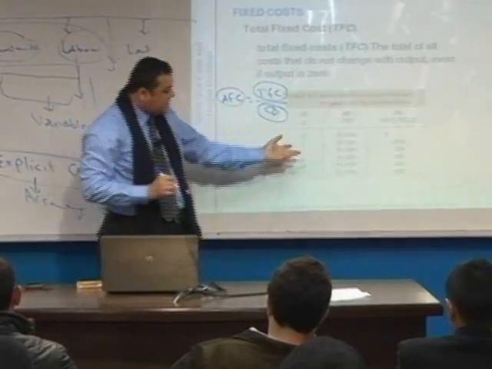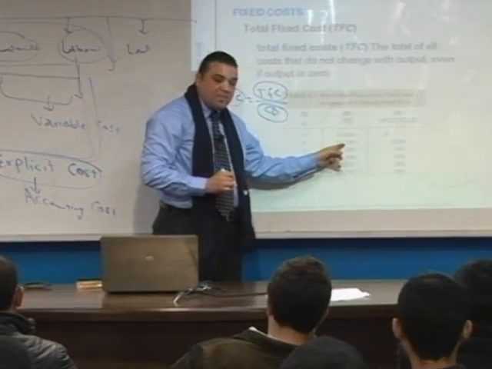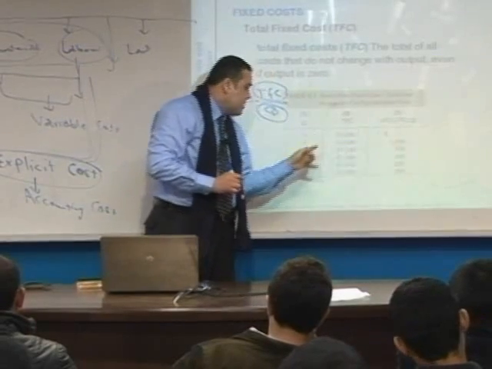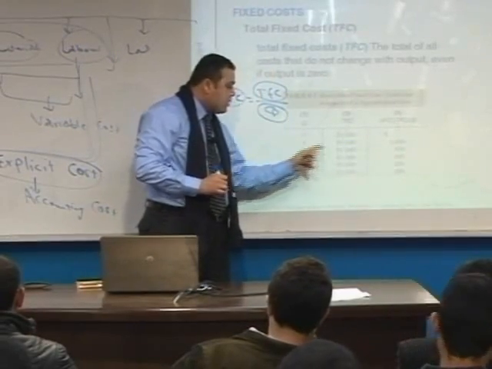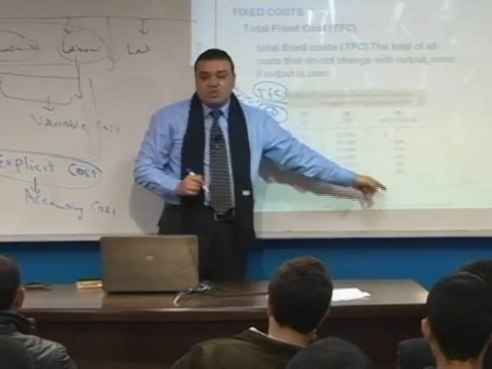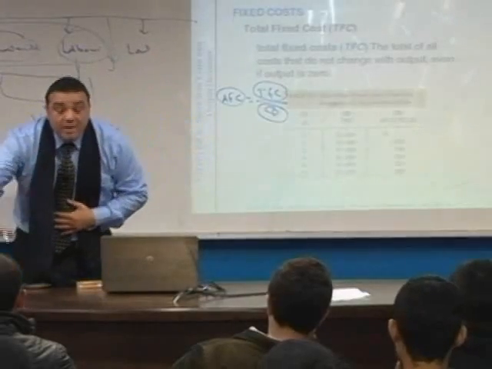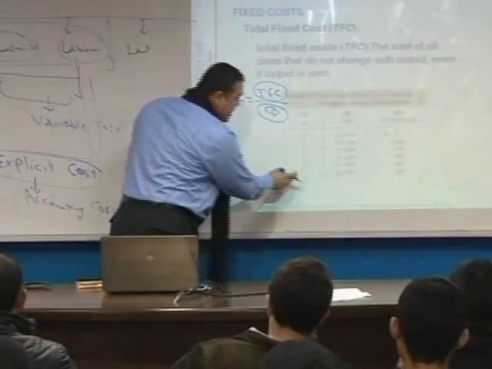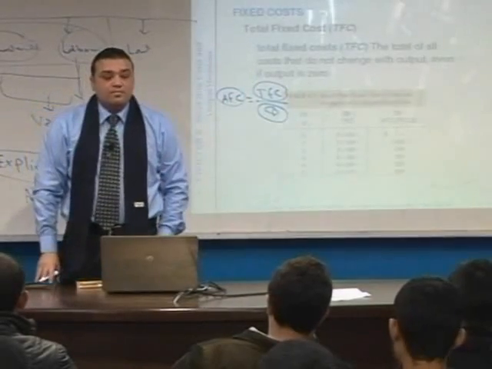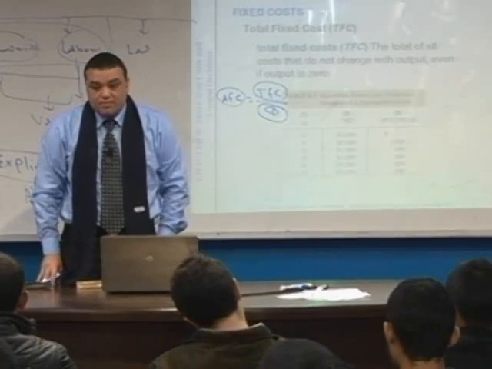So as you see in this example, when Q equals 1, TFC is 1000, so AFC is 1000. When the output increases to 2 and TFC remains constant, AFC would decline. So AFC is declining when the output increases, but it never reaches 0, right?